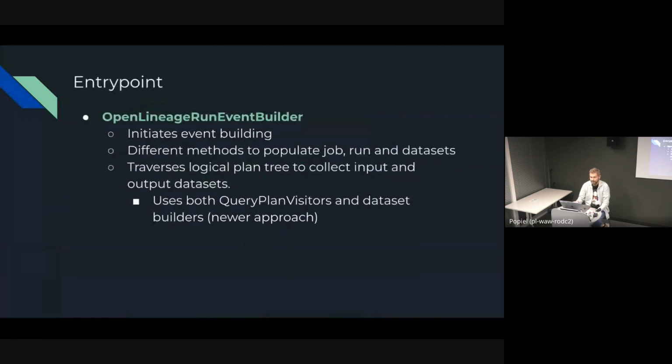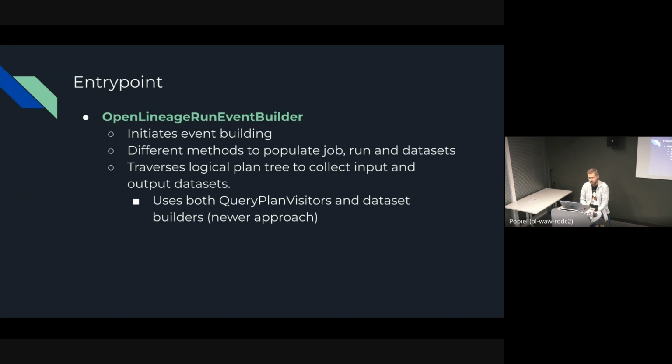Yeah, we do have an OpenLineage context that is just a container of everything that we would like to pass to the methods we have, so that the methods don't grow in terms of the number of arguments being passed. And then we have the OpenLineage run event builder, the class that initiates the event building.